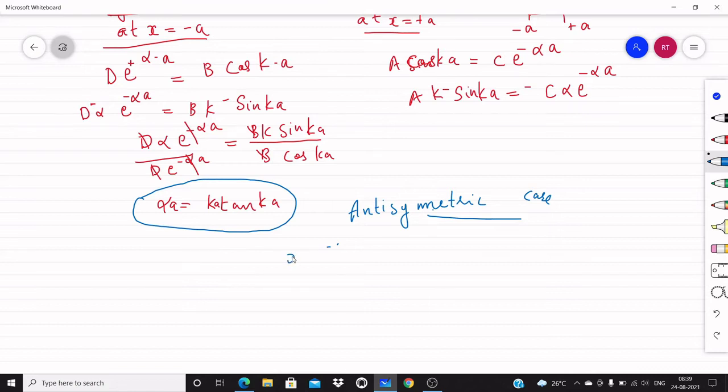So at x equal to minus a, you will have the terms d e raised to minus alpha a is equal to minus a sine ka, because we are applying minus a here.